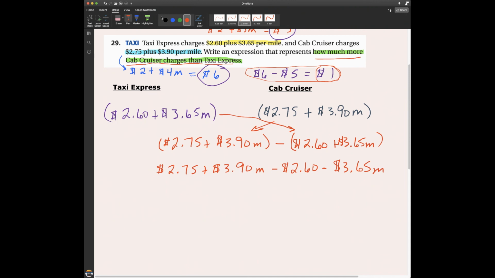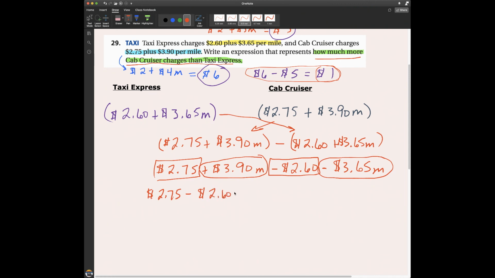You bet there are. So $2.75 is a constant, and here's another constant, negative $2.60. Here is a term that has the variable m. Here's another term that has the variable m. All right, so let me combine these terms. I'm going to take $2.75 and subtract $2.60 from it. Those are my like terms there.